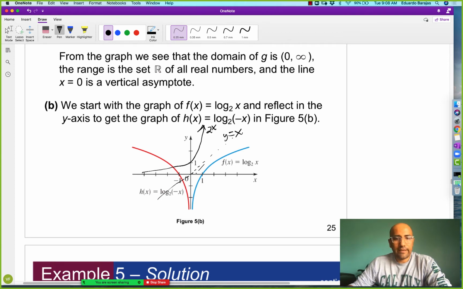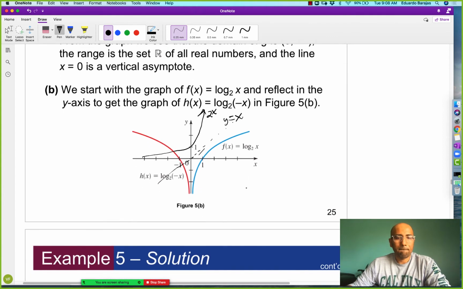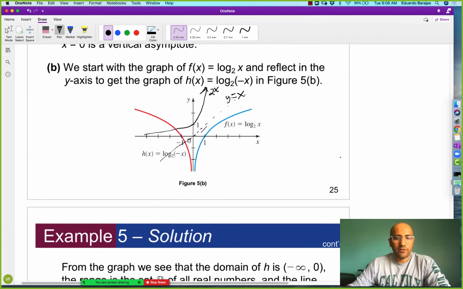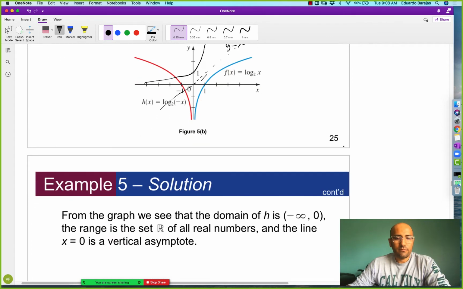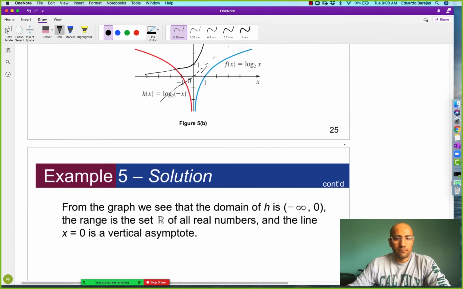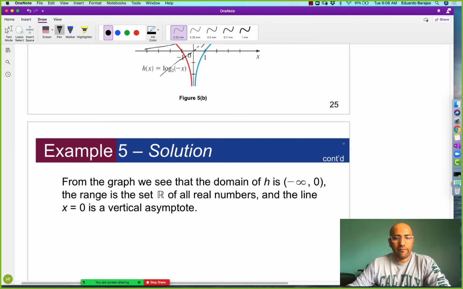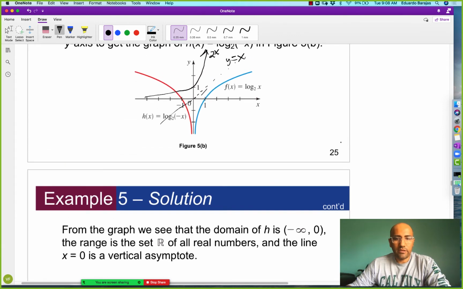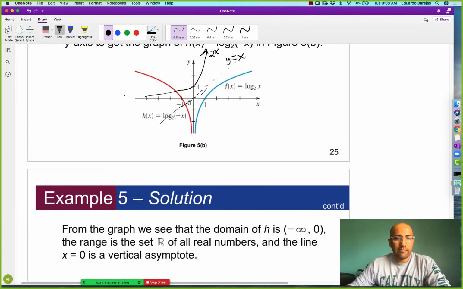And then if we reflect that about the y-axis, we get this one, which is what we were asked about: log base 2 of negative x. Any questions? Okay, so from the graph you can see that the domain of the function h becomes negative infinity to 0, and its range is still all real numbers.